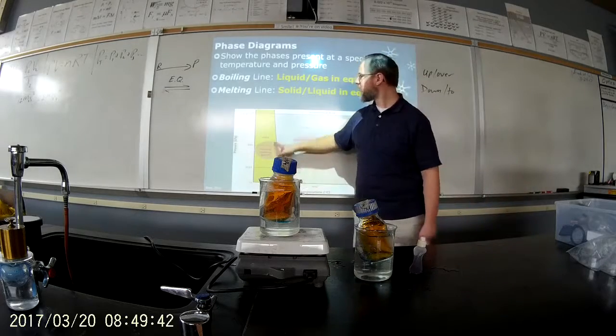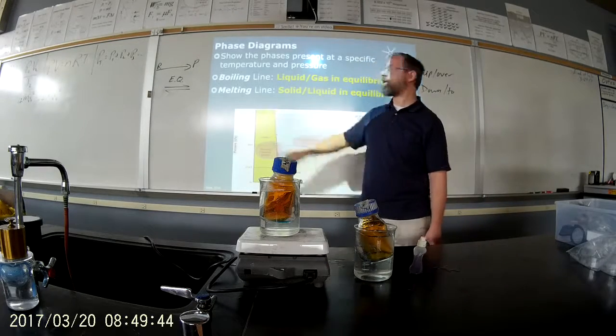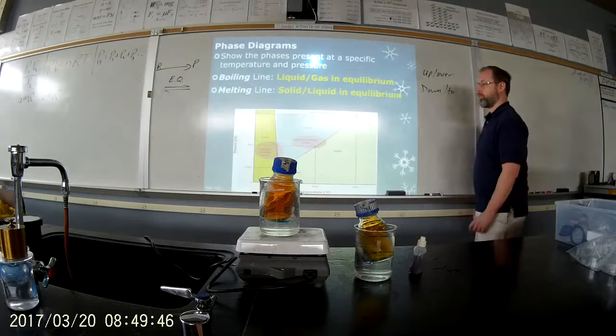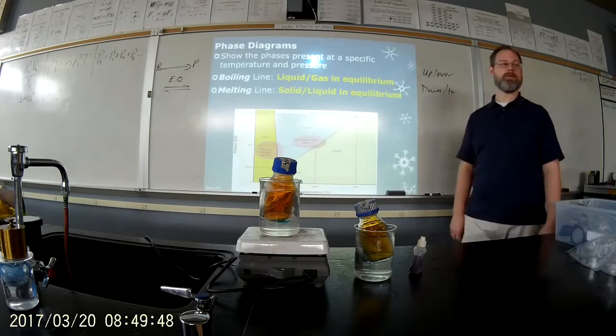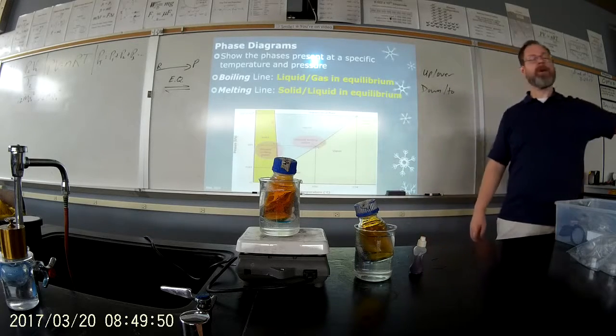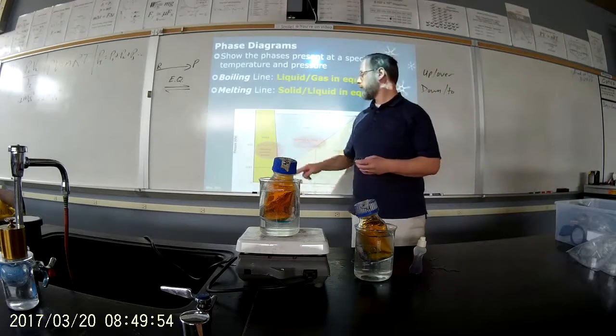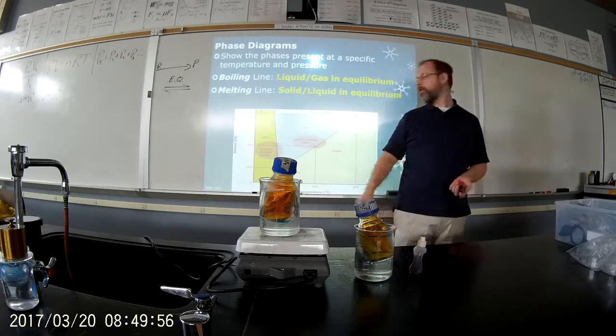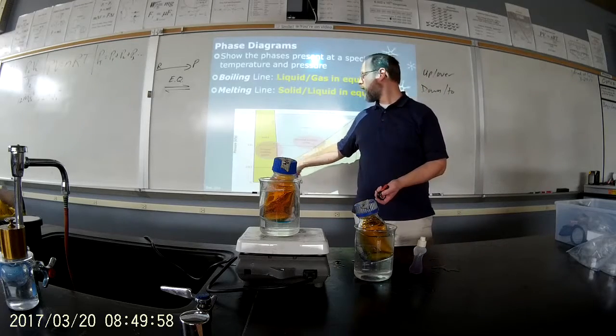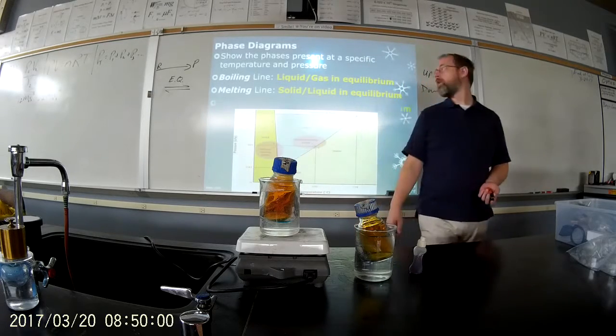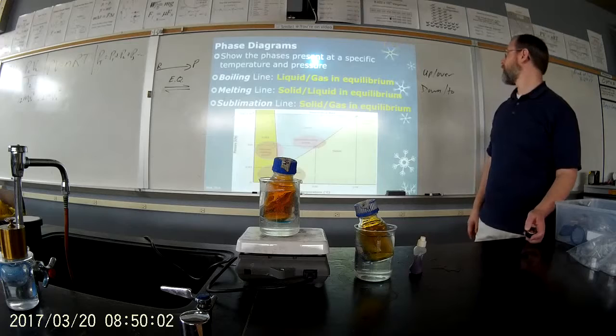When we're on this line, you have solid-liquid equilibrium. You're at equilibrium between the solid and the liquid. And then pretty cool, this point down here, where all three come together, that's called the triple point.